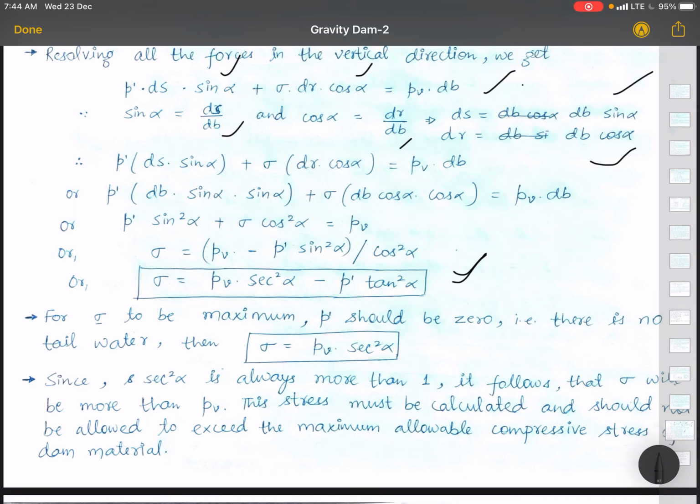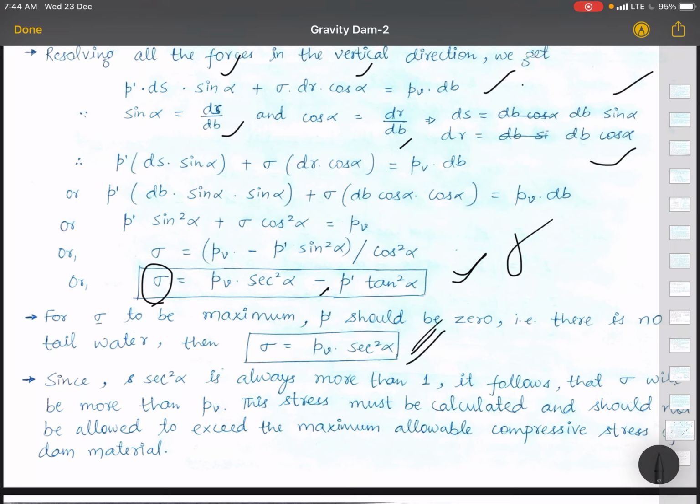For sigma to be maximum, we are subtracting something from PV sec square alpha. This minus sign is there. So to get this sigma maximum, we can just put P dash as 0. P dash 0 means there is no tailwater. So the maximum condition for no tailwater is sigma equal to PV sec square alpha.